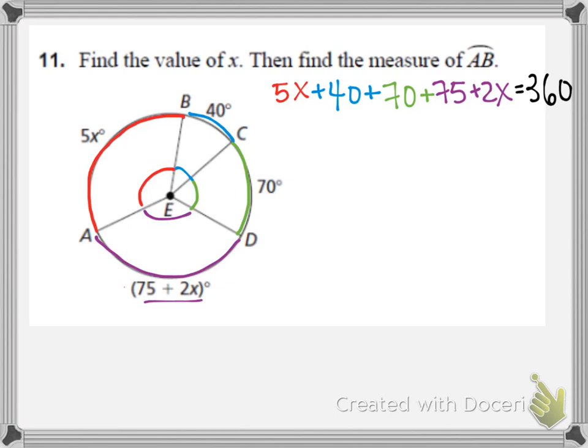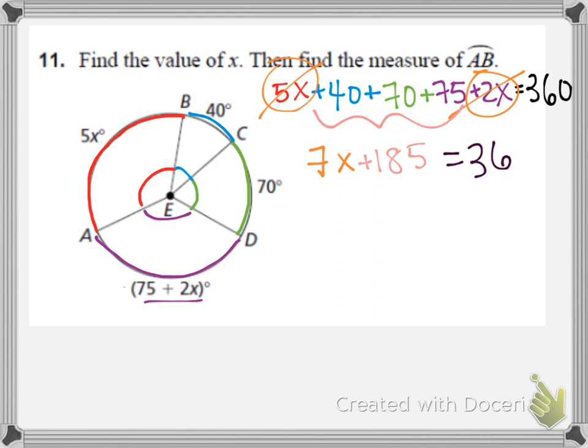So we're going to combine like terms. So I know I have 5x and 2x, which makes 7x. Then I have 40 plus 70 plus 75, so 185. And that still equals 360 degrees.